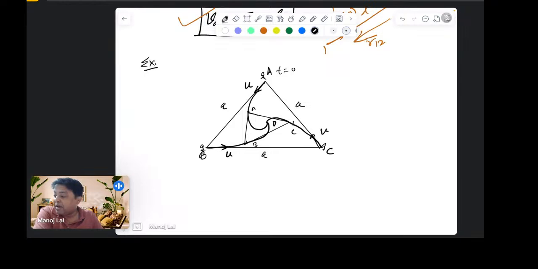Because by symmetry we can say it will form an equilateral triangle, and then this will be u, this is u, this is u, because the speed is the same. And if I try to do it by relative velocity, it is really cumbersome, it will be complex. But let's see how good it is to do this problem by velocity of approach. Now, what is the velocity of approach?